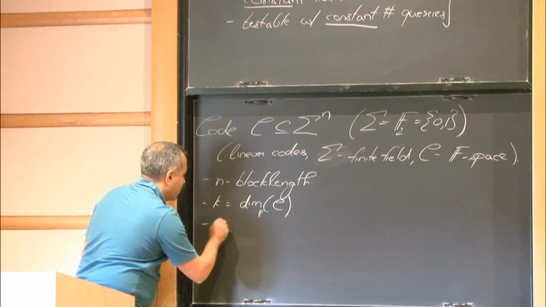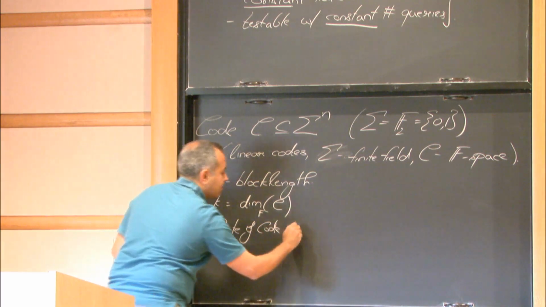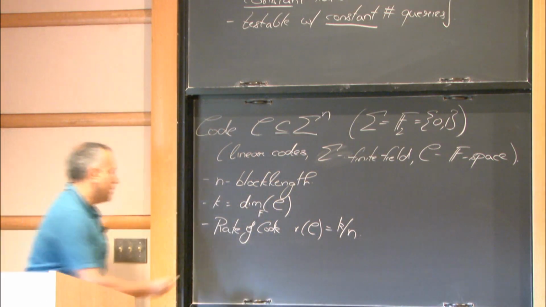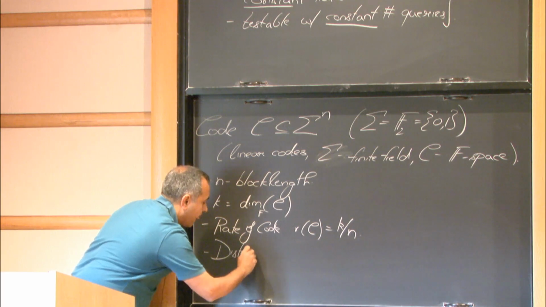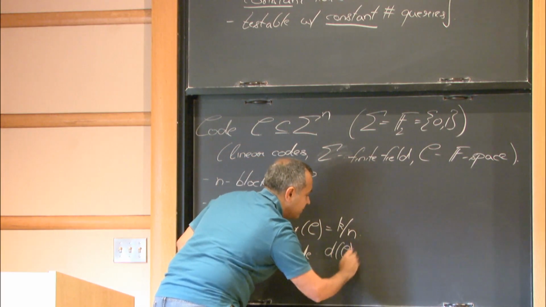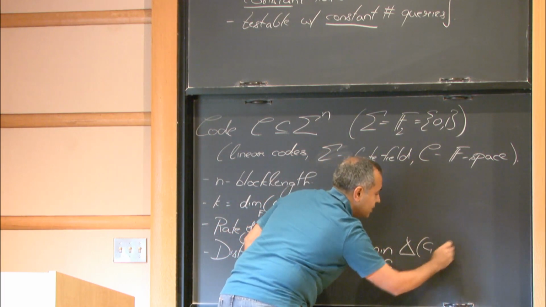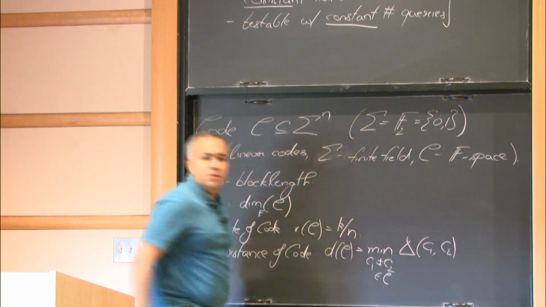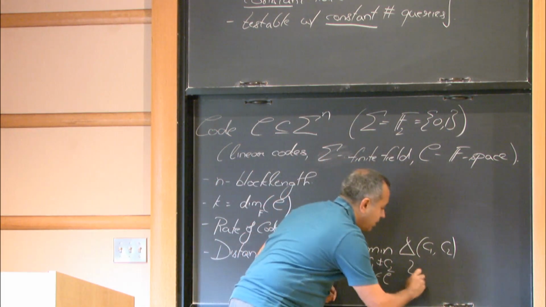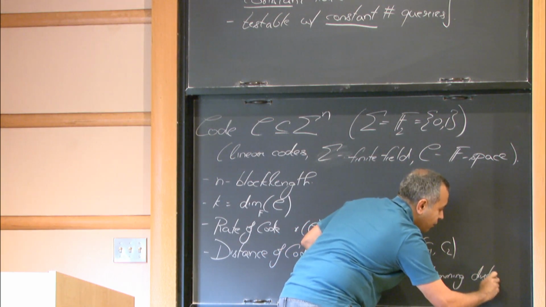Two important properties of codes are the rate of the code, R of C, which is the amount of information packed in each symbol of the code, and the distance of the code, d of C, which is the minimum Hamming distance between two distinct codewords. That is, you take two distinct elements of the code and find the number of locations they differ on.